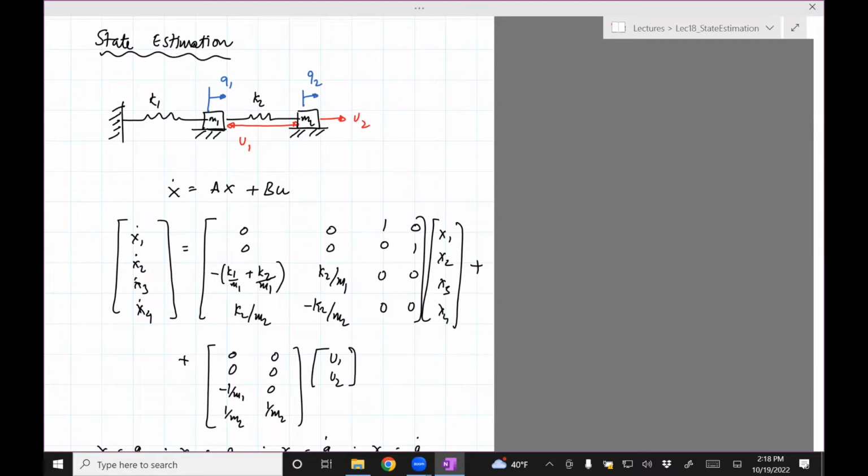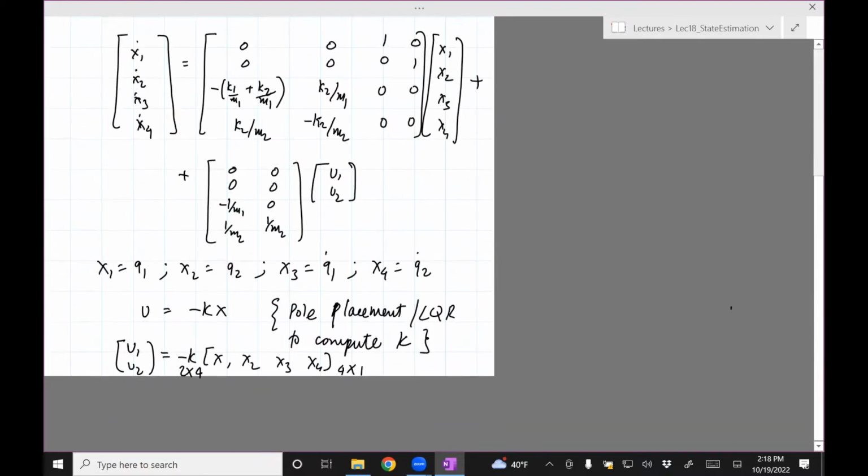But then you can see that you really don't need velocity as well as the position. The velocity is the derivative of position. So if you have a position sensor, you can estimate the velocity. Or if you have a velocity sensor, then you can estimate the position by integrating. So really, you don't need 4 sensors. You only need 2 sensors, and you can estimate the remaining 2 using something you know about the system.